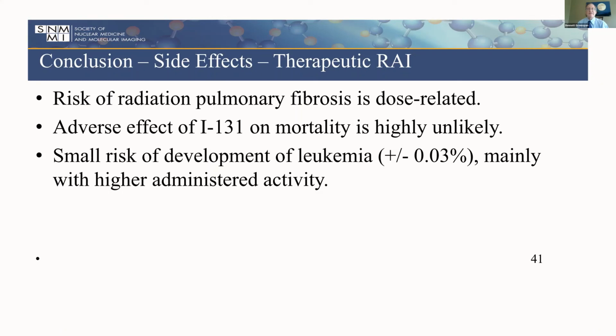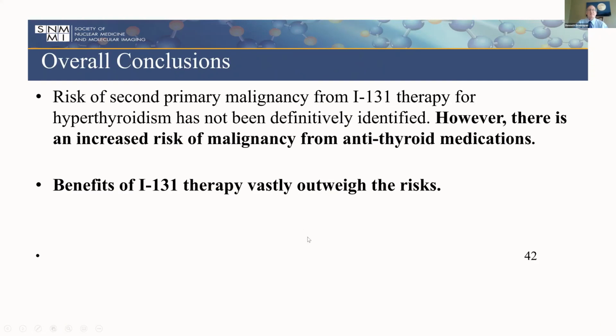Adverse effect of I-131 on mortality is highly unlikely. Small risk of developing leukemia, plus or minus 0.3%, is mainly with higher administered activity. The risk of second primary malignancy for I-131 therapy for hyperthyroidism has not been definitely identified. However, there is an increased risk of malignancy from antithyroid medications.